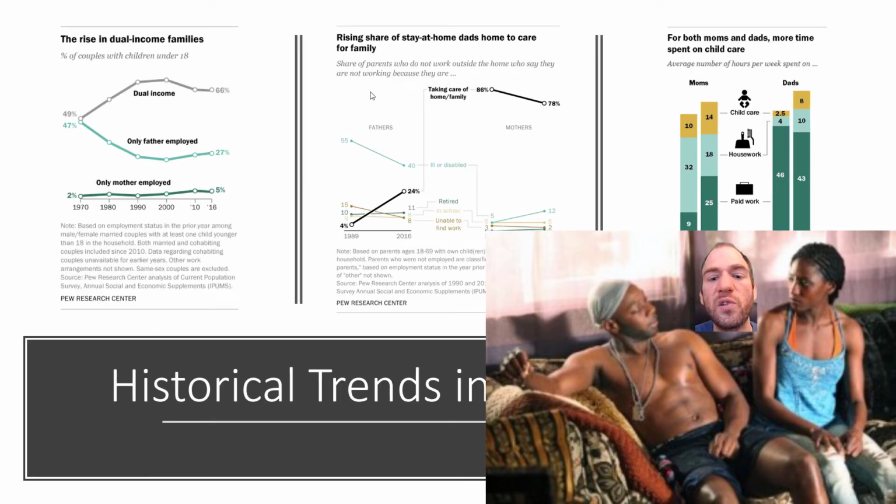And just here are some historical trends in parenting roles. You can see the rise of dual incomes being a majority of households. And you can see shifts in the level of caregiving responsibilities, wherein mothers and fathers are converging a little bit, but still mothers spending more time staying home to take care of their home and family. And then the far right chart with the average number of hours per week.